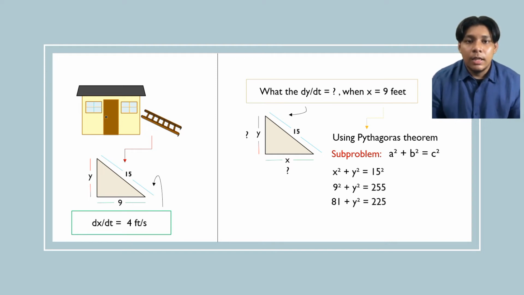Next, 81 moves to the right in order to get the y value, subtracting from 225 to get 144. After that, the square above y moves to the right and the opposite of square becomes the square root. Finish it and the answer for y is 12.